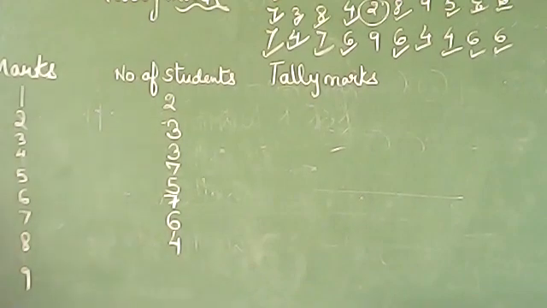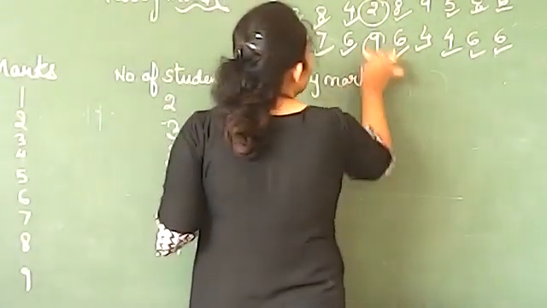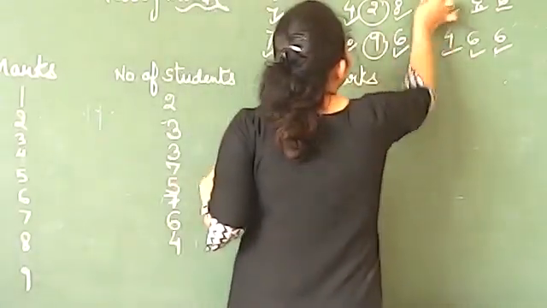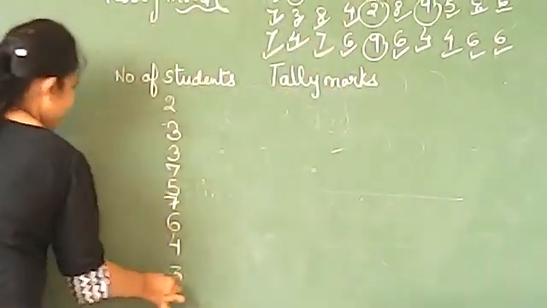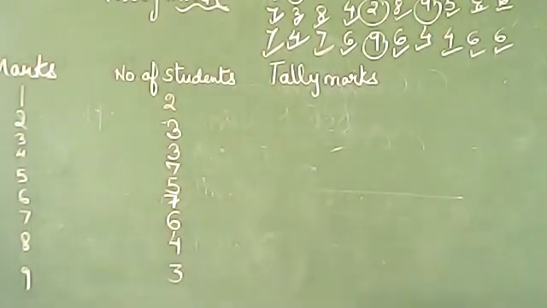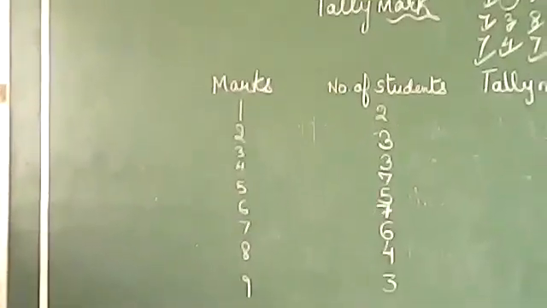How many students have got 9 marks? So 9 है हमारे पास 1 and 2 and one more 3. So 9 marks are taken by 3 students.